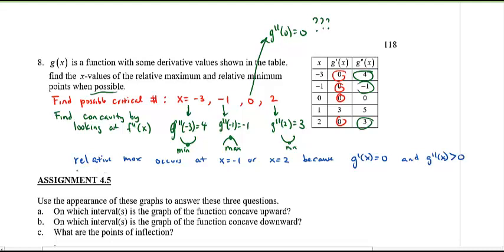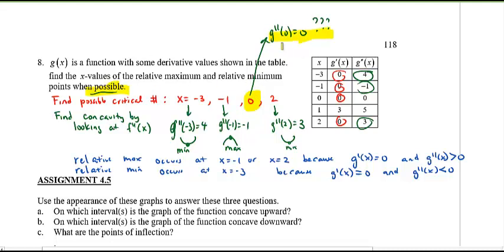Okay? And then similarly, the relative minimum occurs in this case at x equal to -3. Why? Because once again, quote that the first derivative equals 0 because that's talking about the critical numbers, and then the second derivative is greater than 0. And once again, this one at 0, not good news for us. We have no idea. Alright, that's it for Unit 4.